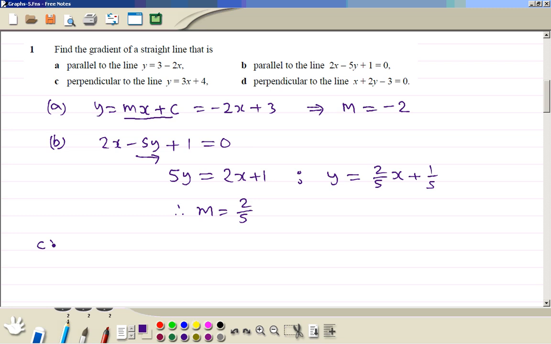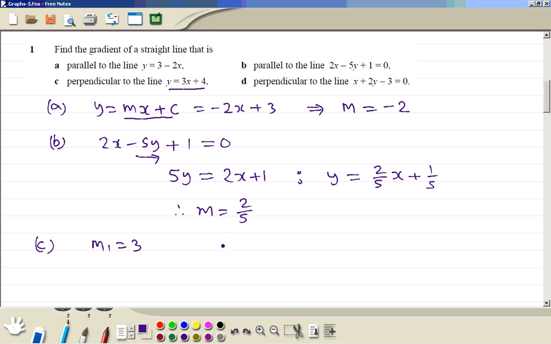Now C. We want the gradient of the line which is perpendicular to this. So this equation is in standard form, so therefore the gradient is equal to 3.